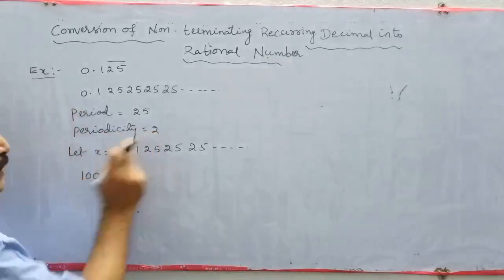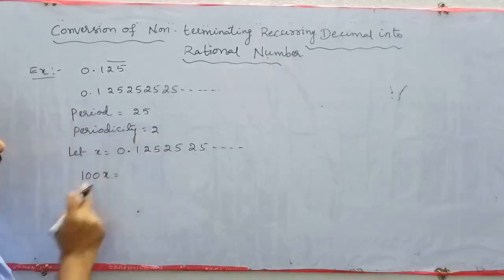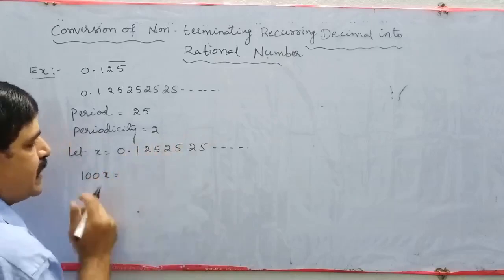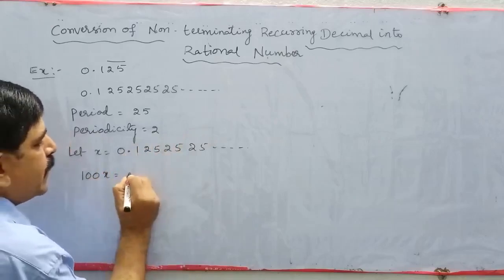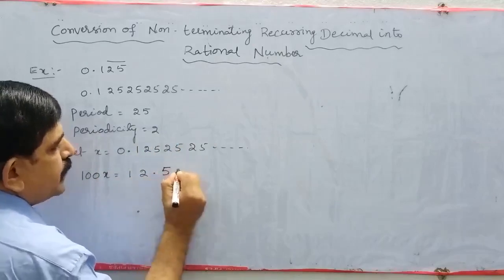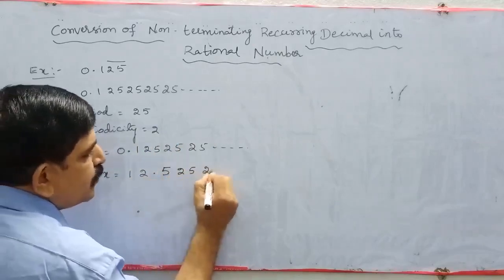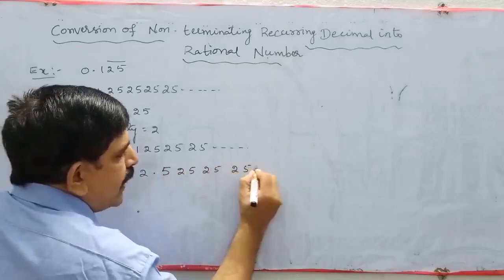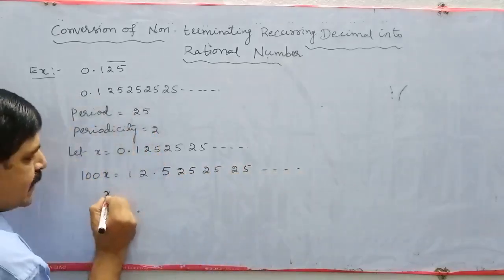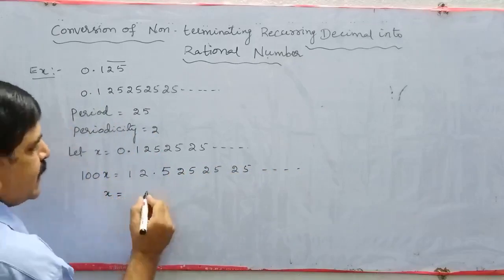Here periodicity is 2, so multiplying with 100 the point moves two places to the right, and it becomes 12.5252525 and so on.